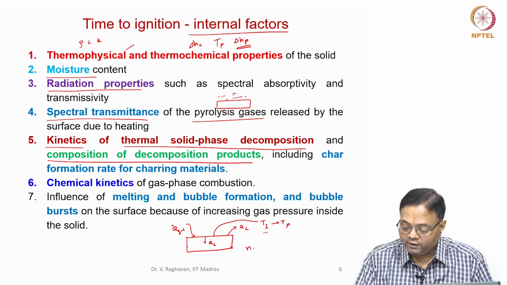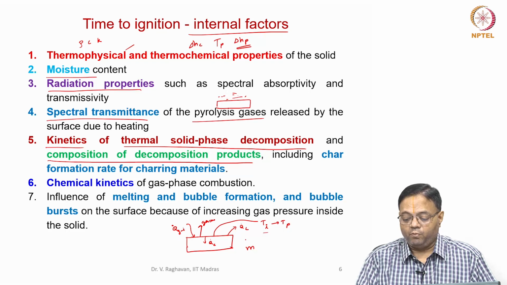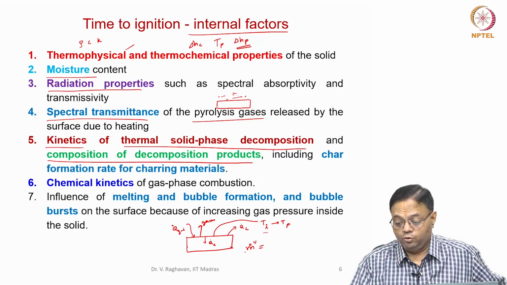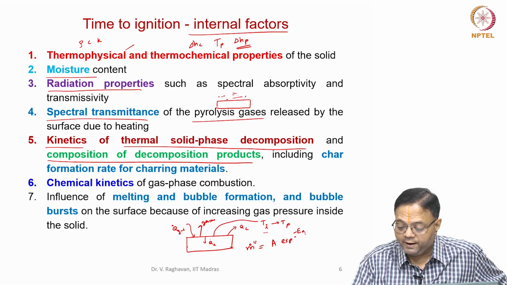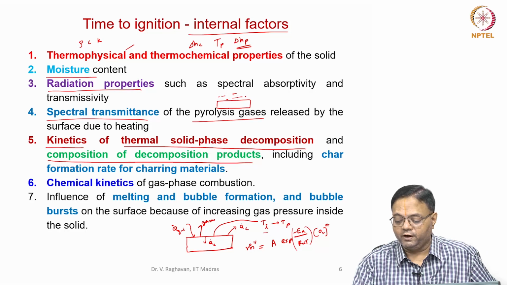But what is the mass flux of the gases coming out? Not the vapor, gases. The mass flux rate of the gases coming out will be equal to A times exponent of minus EA by RU T, and oxygen concentration, something like that, to the power n.